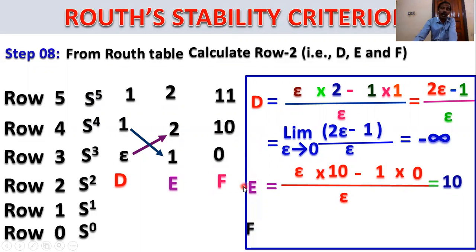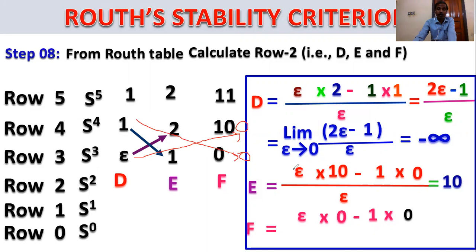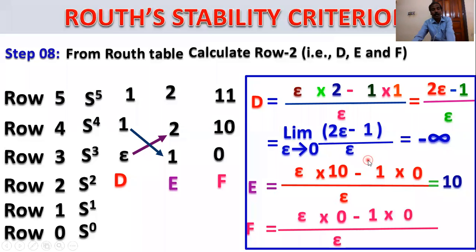Then calculate F. F equals epsilon into 0 minus 1 into 0, divided by epsilon. So this is also 0. Then calculate G, H, I, J, K, L.